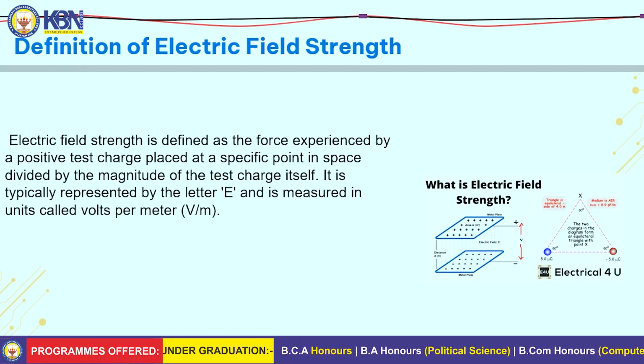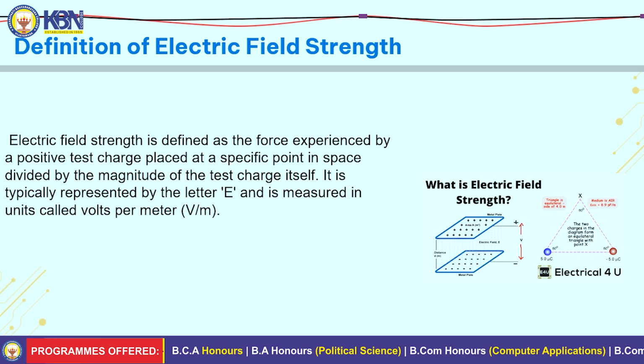Coming to the definition of electric field strength, it is a fundamental concept which simply says that electric field strength is the force experienced by a positive test charge placed at a specific point in space divided by the magnitude of the test charge itself.